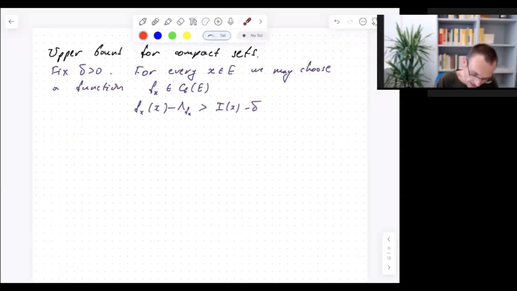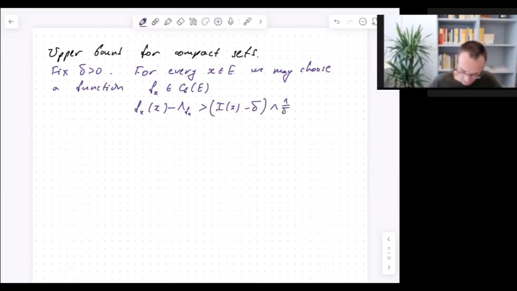There could happen that this I is equal to plus infinity. So if I is equal to plus infinity, then you will choose this function such that it is larger than 1 over delta. We consider two cases together.